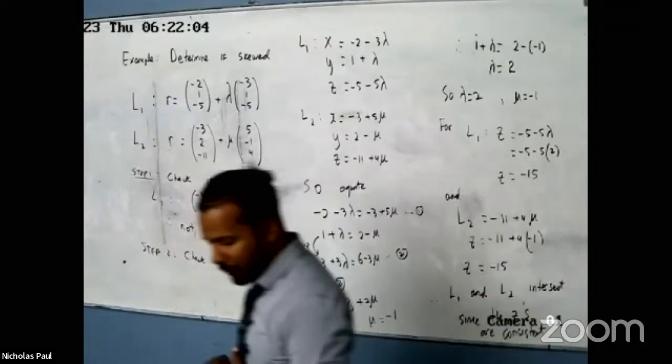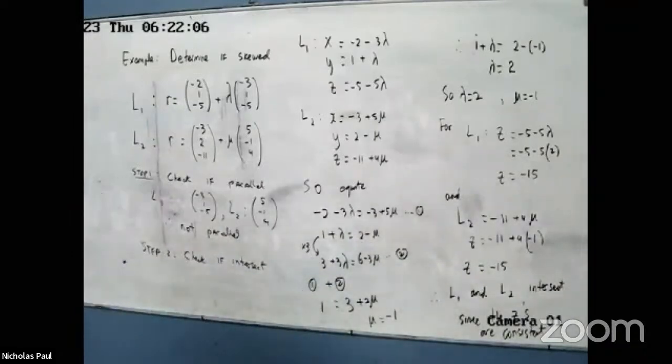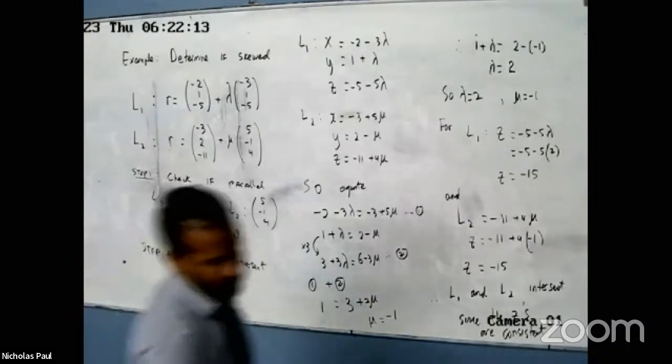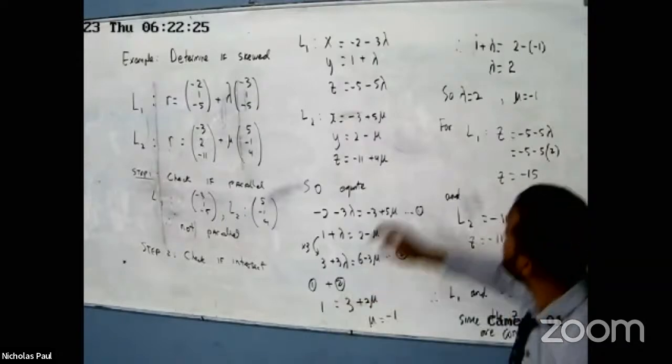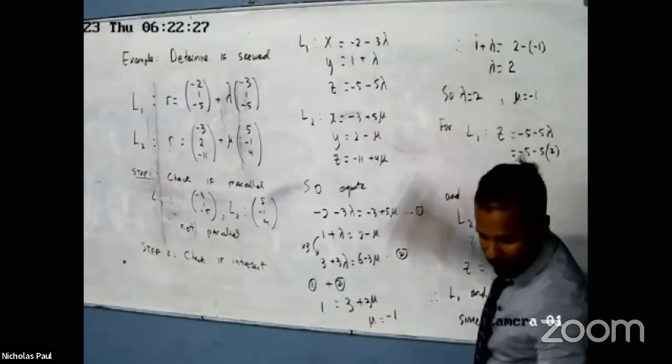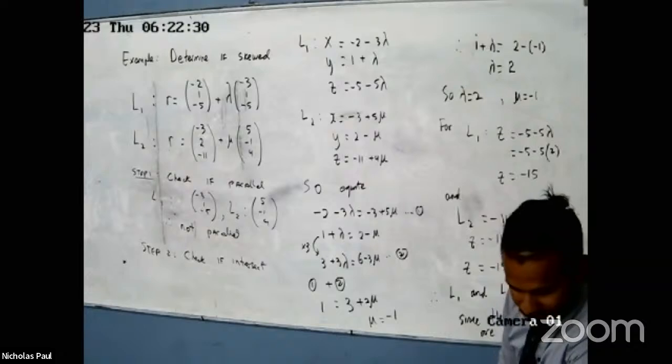So that's an example of how to prove if lines are skewed or not, right? I'm giving it 1 and that's it. So that is a L or 1, the first line on the right.